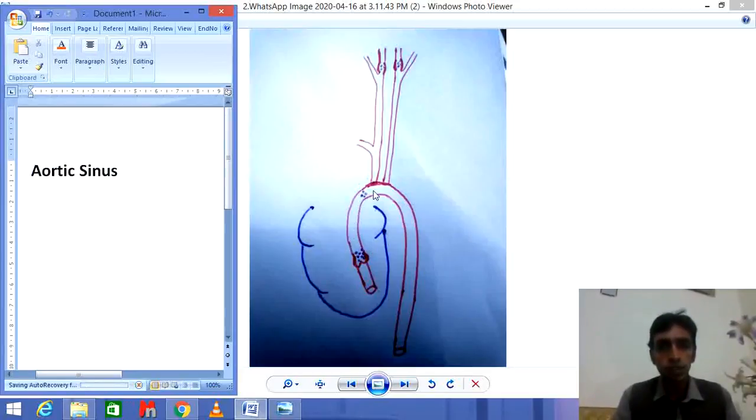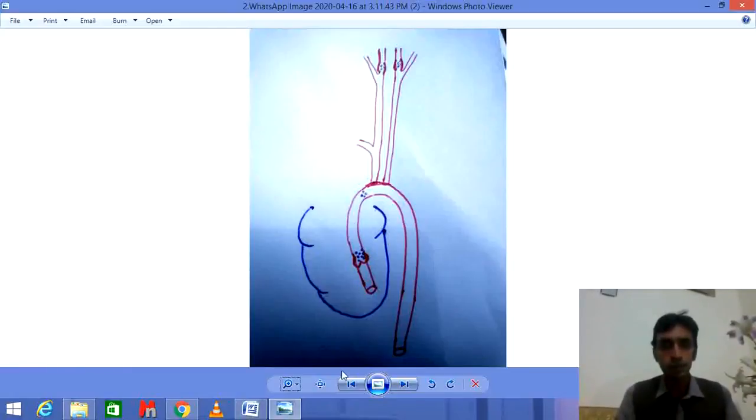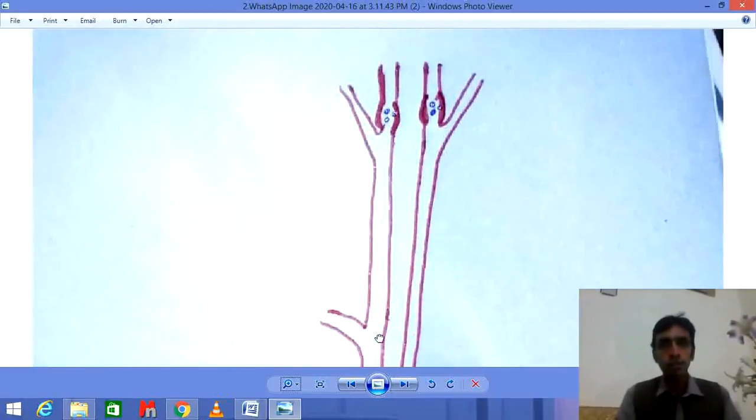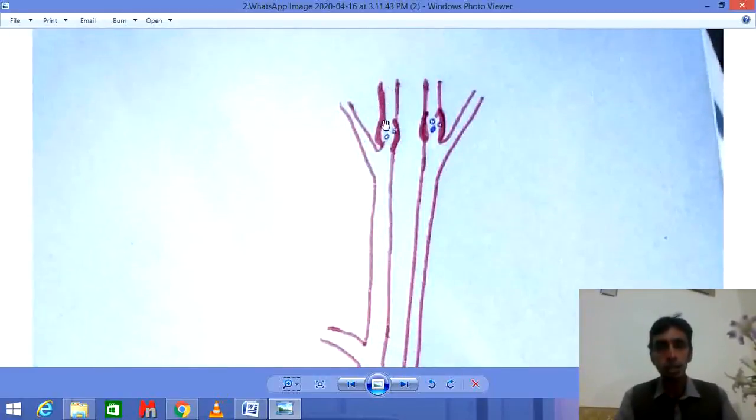Now further, this is the internal carotid artery. This is the left common carotid artery, and this is the right common carotid artery. On this common carotid artery, you can see that this portion near the junction is also a bit dilated.